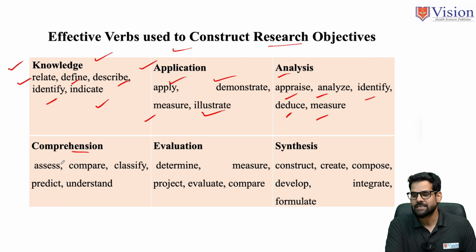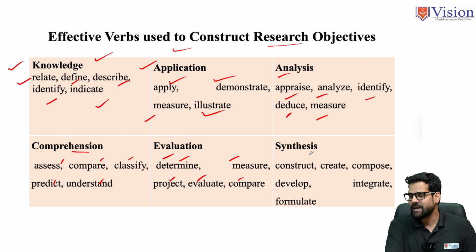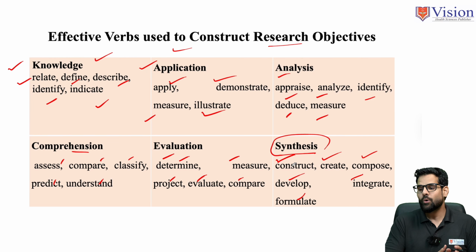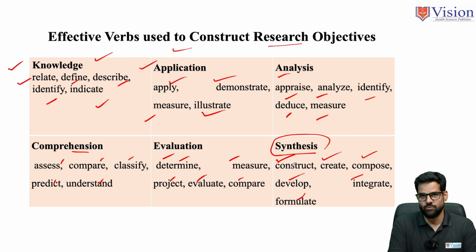For comprehension, assess, compare, classify, predict, understand. For evaluation, to determine, like to determine the effectiveness, measure, project, evaluate, compare. And if your objective is about synthesis, for qualitative, then you say things like to construct, to create, to compose, to develop, integrate, formulate, to narrate. So all these are the effective verbs as per the requirement of your objectives. So that is all about how to frame the research objective.